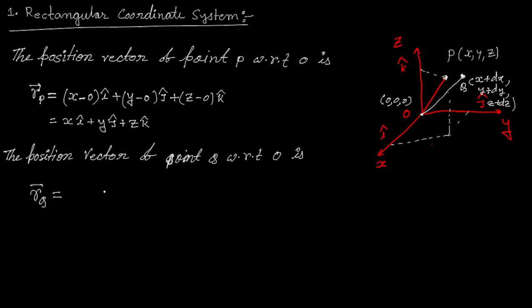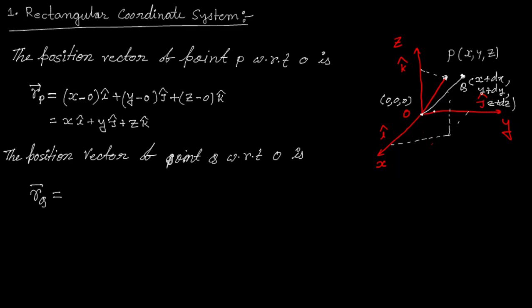So how can we write RQ? Since P point has a coordinate x, y, z, we have written its position vector with respect to origin as x i cap plus y j cap plus z k cap. Similarly Q point has coordinate x plus dx, y plus dy, z plus dz.